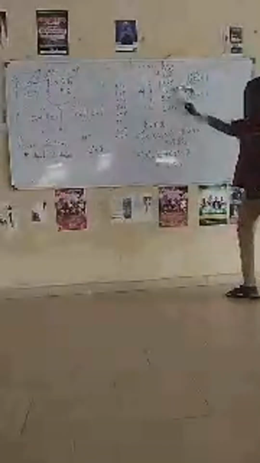So the question is now find E of x. What is E of x? E of x is the same as the mean, right? They can also give you this symbol for the mean. So we have to find E of x, which is the mean.